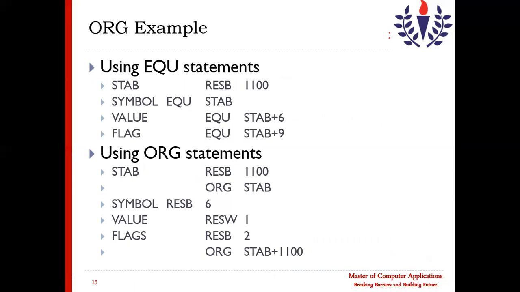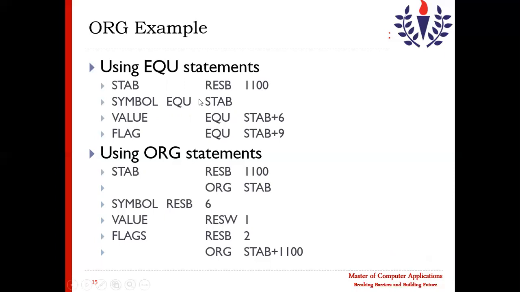So using EQU we are assigning our symbols in this way. We are getting the starting value, then we give the first symbol that value, and the other symbols we calculate using stab. The first symbol will take 6, so the value symbol will come after 6, flag will come after 9. In this way we will calculate.